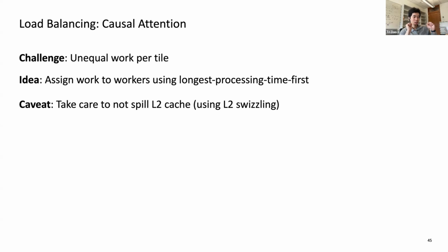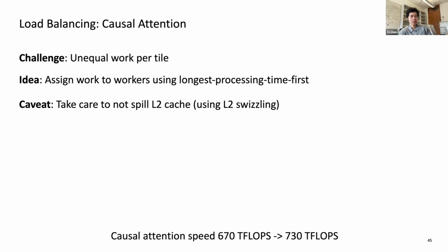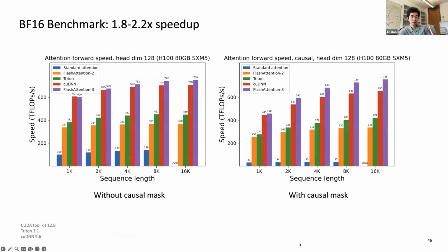You can use a technique called L2 swizzling, and this makes the causal attention go from around 670 to 730 teraflops. So overall, let's see how that works. With BF16, we get sometimes more than 2x speedup, and I'm comparing to FlashAttention 2.